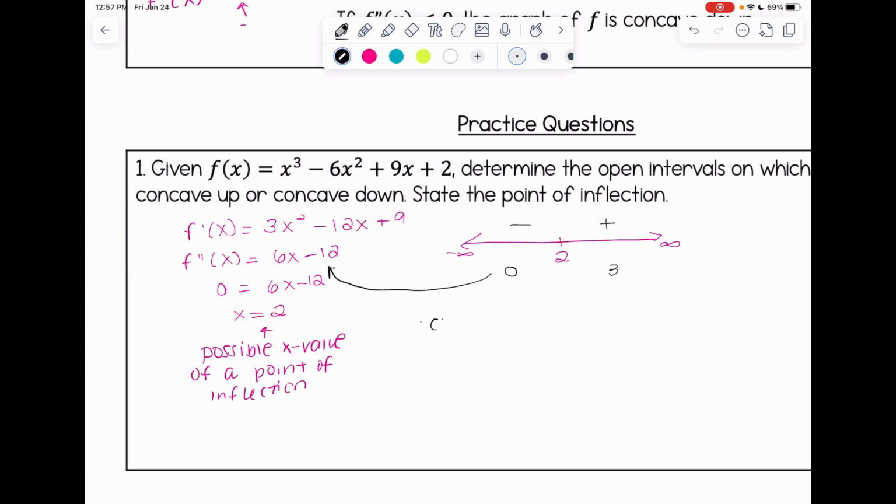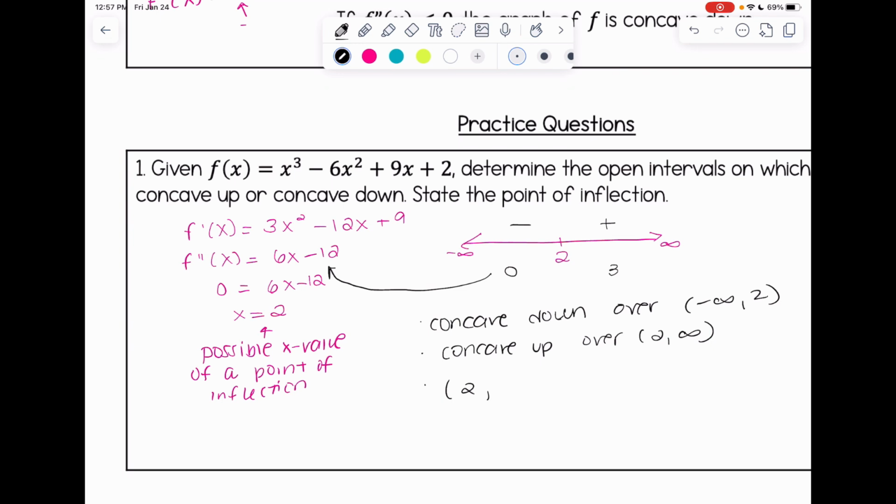So this tells me that the graph of f of x is concave down over negative infinity to 2, and it's concave up over 2 to infinity. Since there was a change of concavity, 2 is in fact the x-coordinate of a point of inflection.